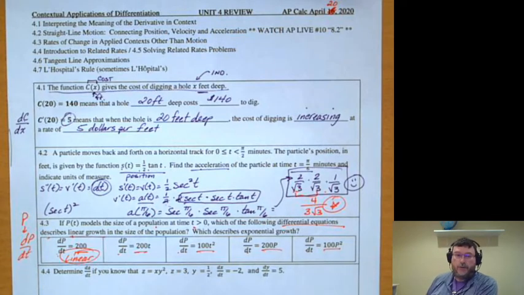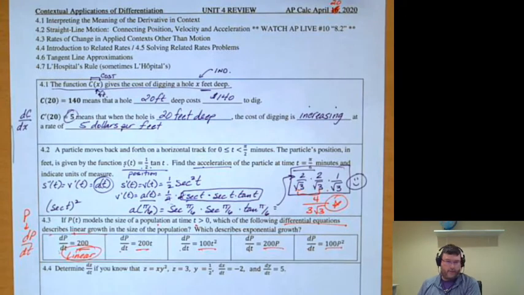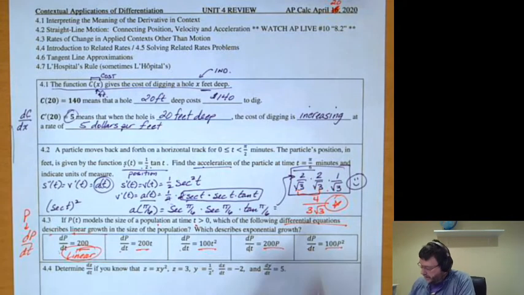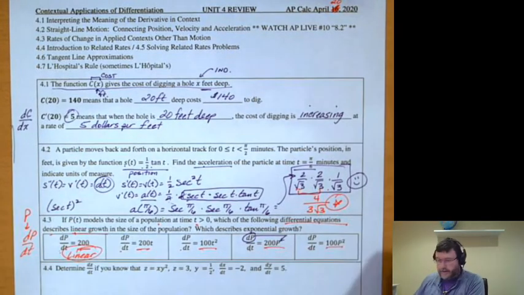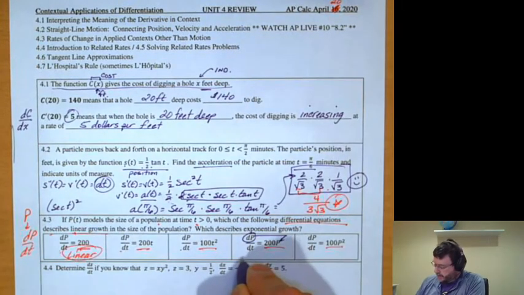The exponential one is back in, I do believe, 8.1, 8.2, 8.3, someplace along there, where we're talking about differential equations and slope fields and separating variables. When you see that, make sure that you understand that reminder. If you see the P out here, and that's your independent variable, that is going to be an exponential growth.